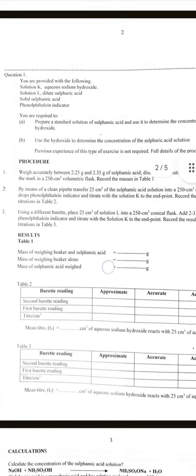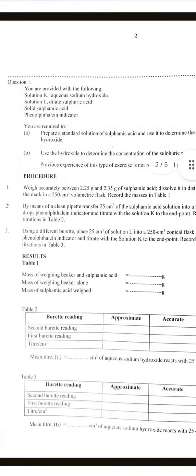Now solution K is aqueous sodium hydroxide, and if you're titrating with sodium hydroxide, it means sodium hydroxide is in the burette. So you fill the burette with sodium hydroxide to the zero level, and then you start your titration. Remember that the acid is in the conical flask and the base is in the burette.